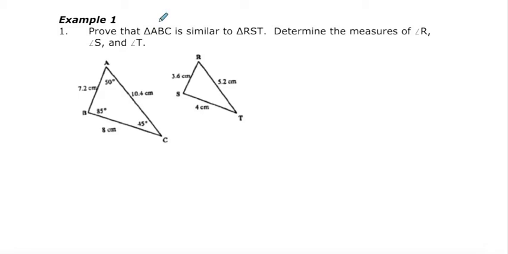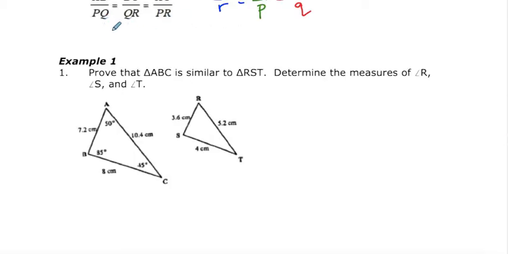And the first is by showing that all 3 angles are the same. So I'm just going to say 2 triangles are similar if, and we talked about this in that first property, all 3 angles are the same.